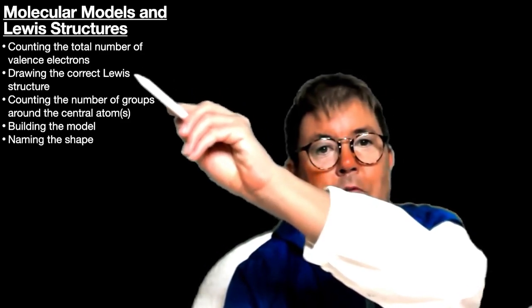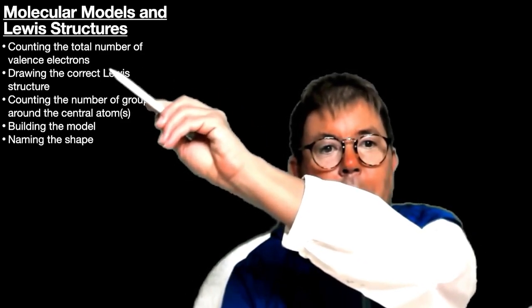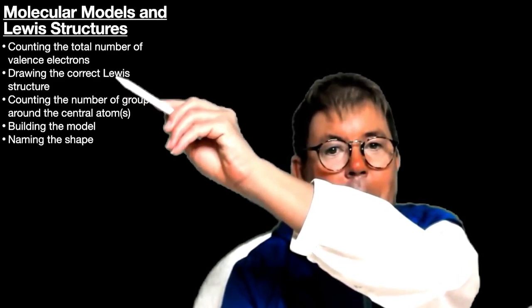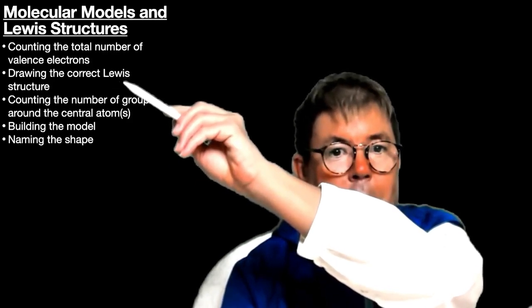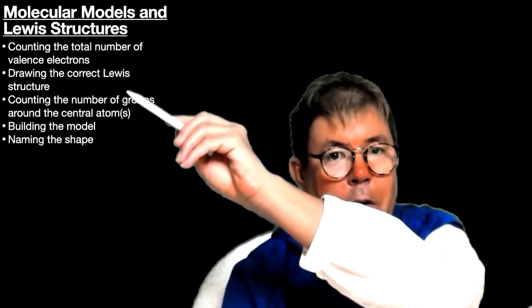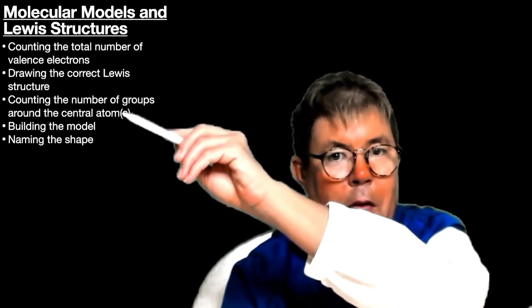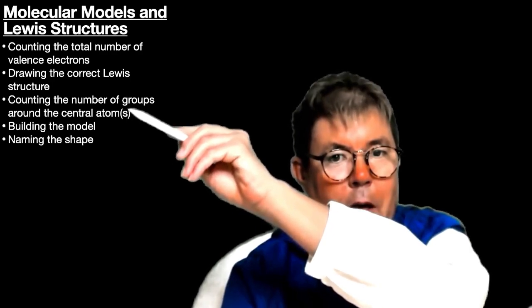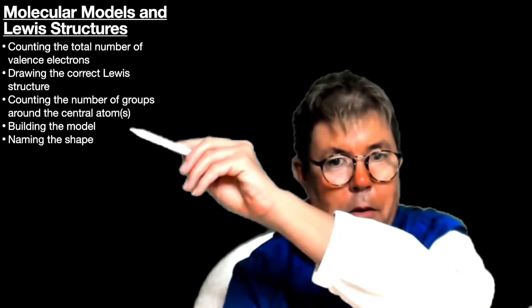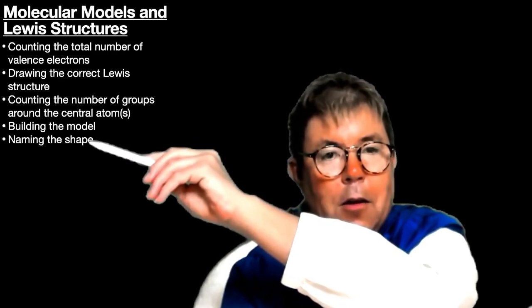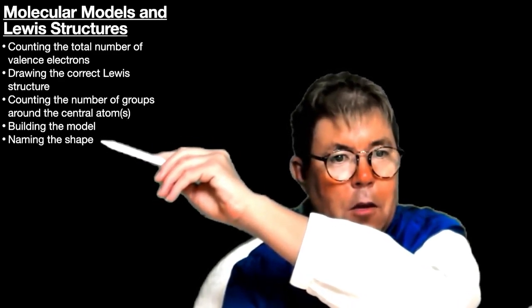Then we want to draw the correct Lewis structure using the appropriate number of valence electrons. Next, we can count the number of groups and lone pairs around the central atom. Finally, we can build a model and name the shape.